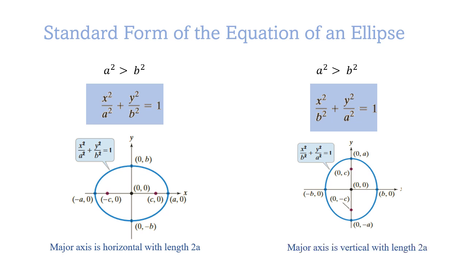So notice where a is. So if a is under the x and a squared greater than b squared, we have a horizontal. If a is under the y and a squared greater than b squared, we have a vertical ellipse. Now c squared in both cases is a squared minus b squared.